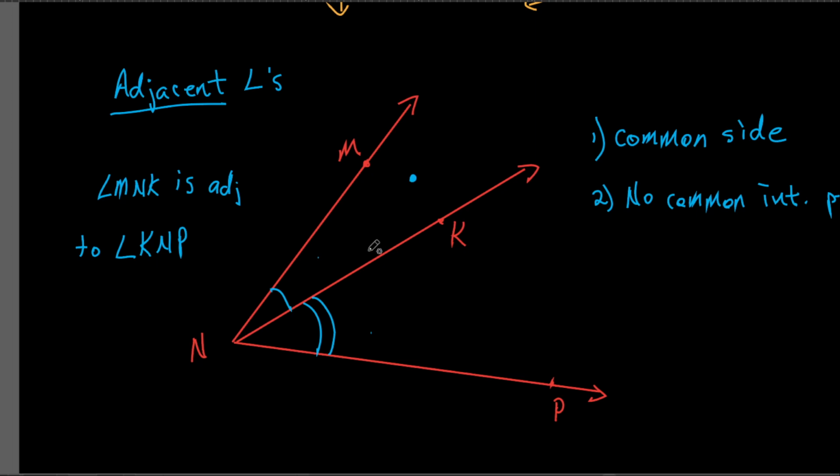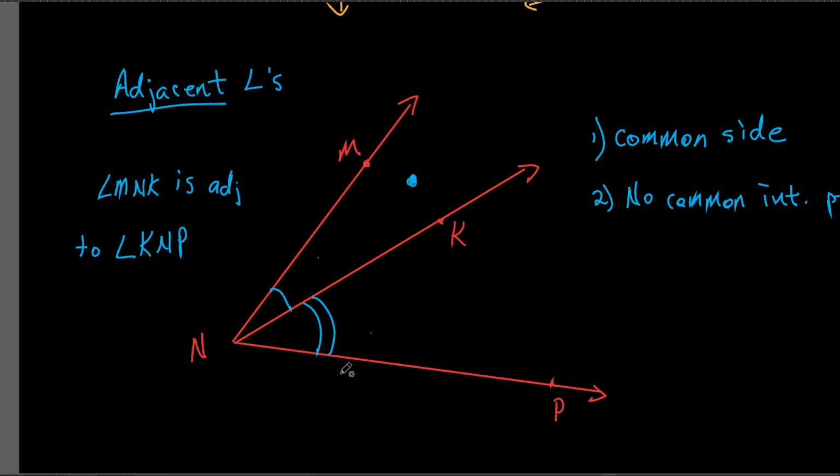Well, do they have a common side? MNK, MNP. What's the common side? Look, this big one right here. Well, it's technically NM because it's a ray. It's got to start here. So NM is a common side for the whole big angle and this little skinny one up here. But look at number 2. What if I put a point here?